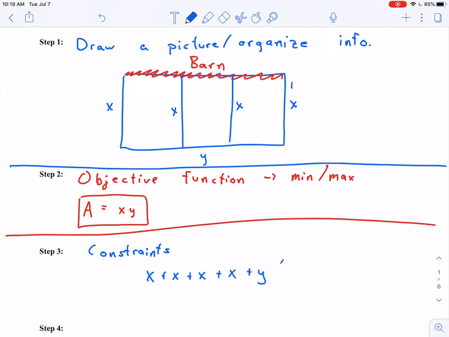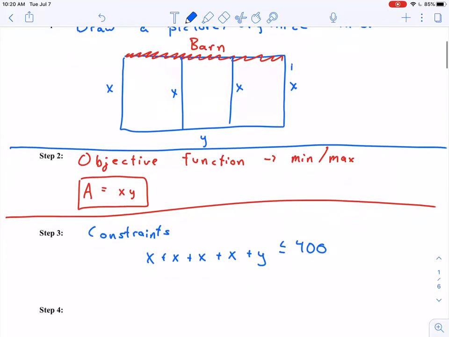So I'm going to say that is less than or equal to 400. Now I could write it like this, but I'm going to assume that if we want to maximize the area, we want to use all of the fencing possible. So I'm just going to go ahead and say this is equal to 400. And of course we can simplify this a little bit. We can say, well, this is really just 4x plus y is equal to 400. So here's my constraint function.